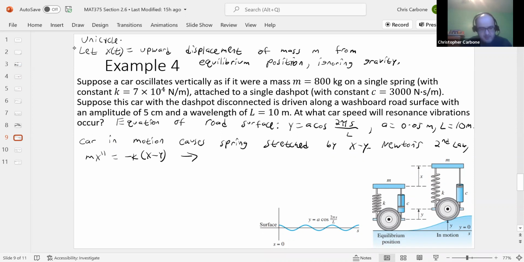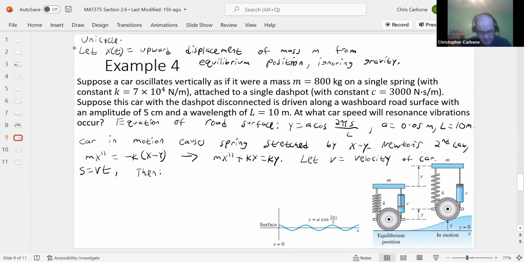Or we could just write that simply as mx double prime plus kx is equal to ky. We are going to let v be the velocity of the car. So s would be equal to v times t.